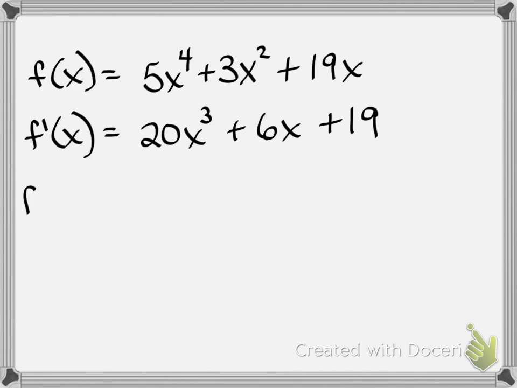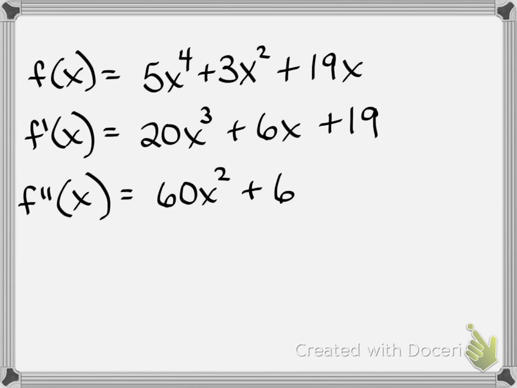Well, that was fun. Let's do it again. And we'll call it the second derivative. That would then be 60x squared plus 6. So it got smaller. Now we only have two terms. That's okay. Let's jump in and do a third derivative. That's 120x, and the 6 drops off.